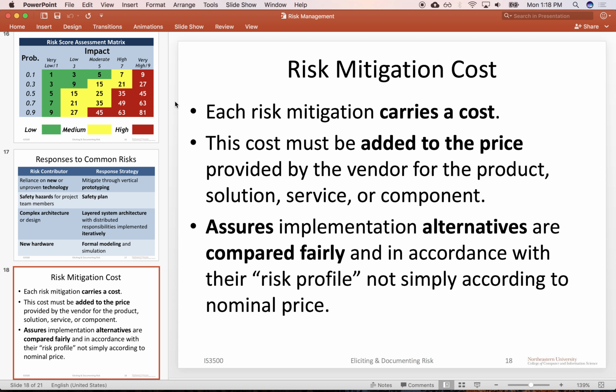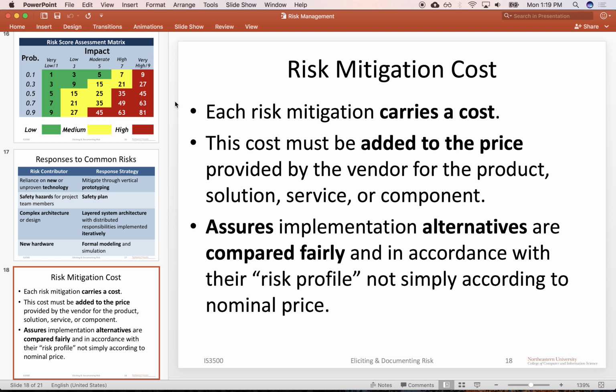So for each one of them, whatever choice you make on whether you're avoiding it or you're going to mitigate it, there's always going to be a cost to your choice on how to deal with it. And so to make the multiple alternatives comparable, apples to apples, we need to calculate the cost and then do a fair comparison and add it to the cost so that we can compare side by side.